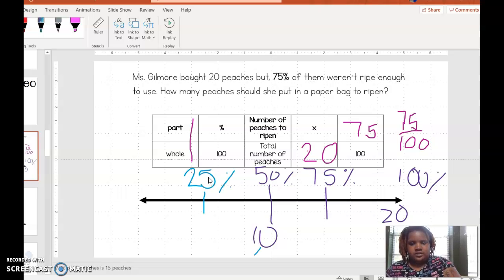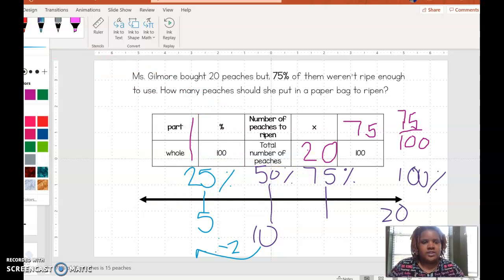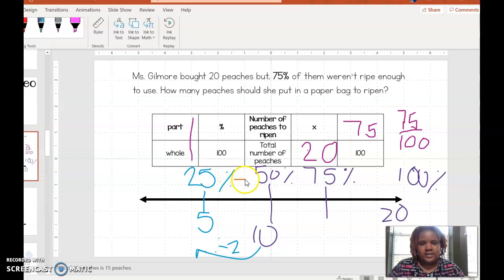And half of 10, so divide by 2, is 5. I'm trying to get to 75%, so I'm going to add these together, and whatever I do to the top, I do to the bottom. 5 plus 10 is 15, just like 25 plus 50 is 75. So the total number of peaches Miss Gilmore is going to have to put into a paper bag to ripen is 15. That's the part.